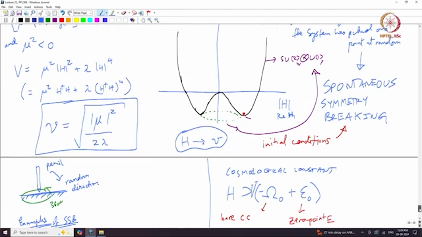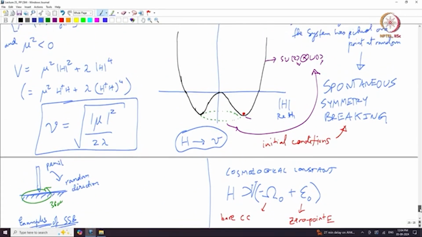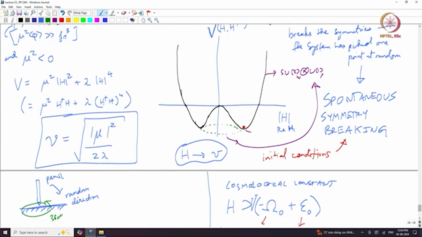And look at the potential now. When the field goes and sits at the minimum value, what has it done?